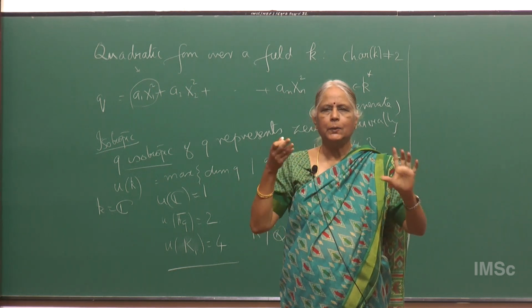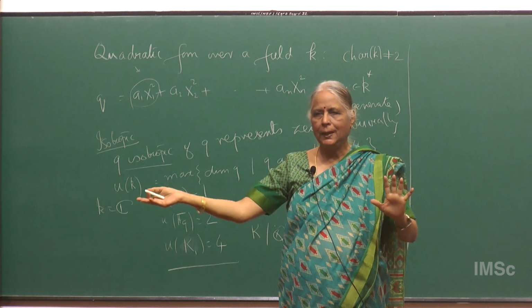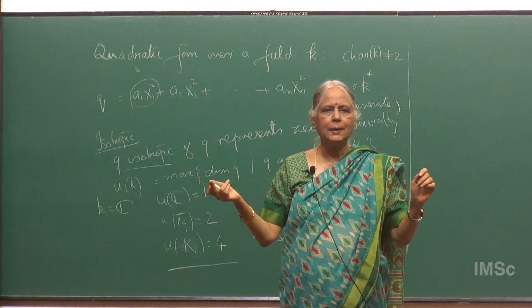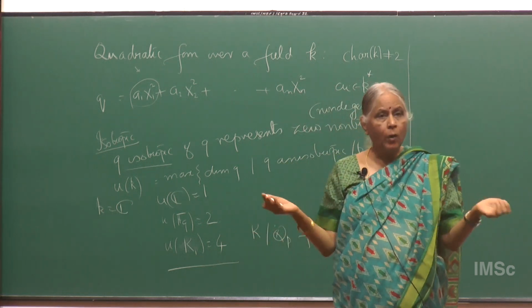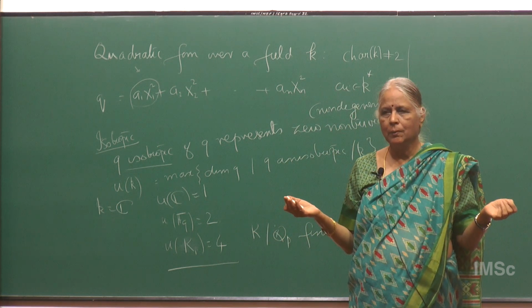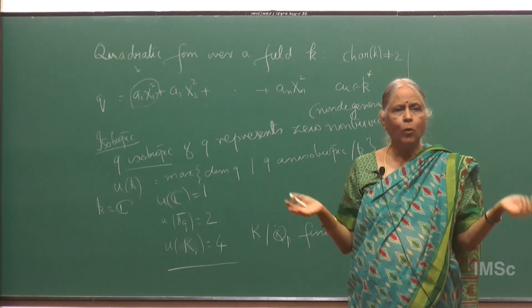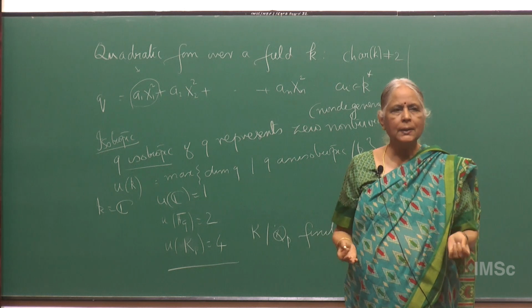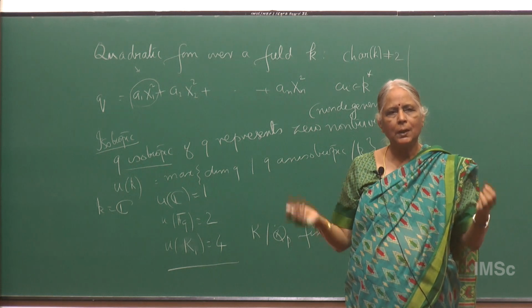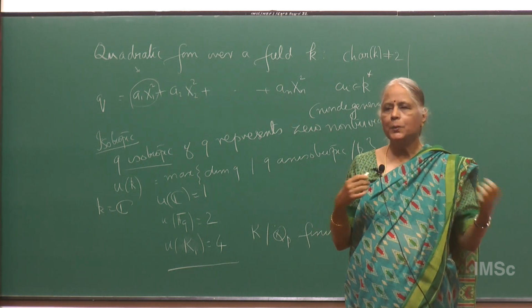So when does the form a1 x1 squared plus a2 x2 squared plus up to an xn squared, where all the a_i are treated as real numbers, represent 0 non-trivially? If all are positive or all are negative, then it's not going to represent 0 non-trivially. The only case in which it can represent 0 non-trivially is that it has a change of sign, right?